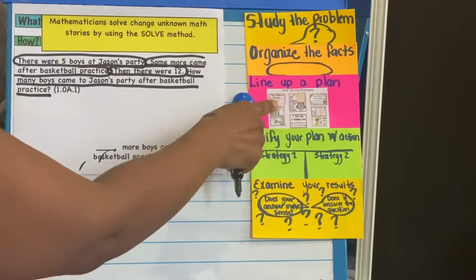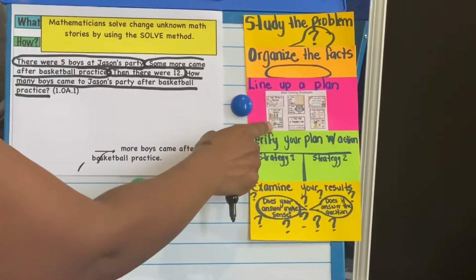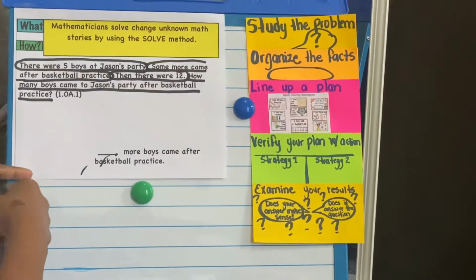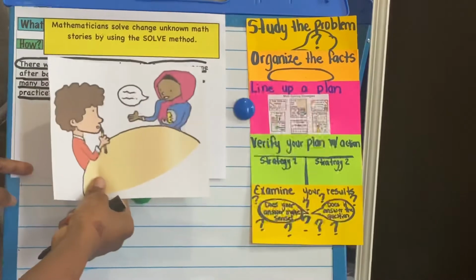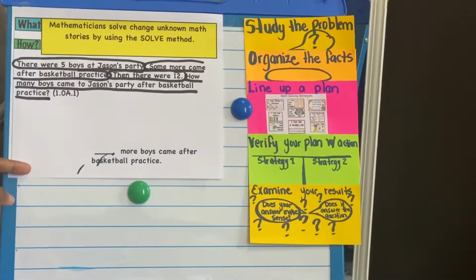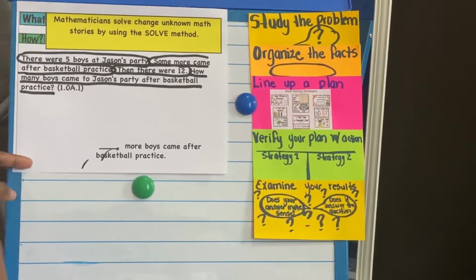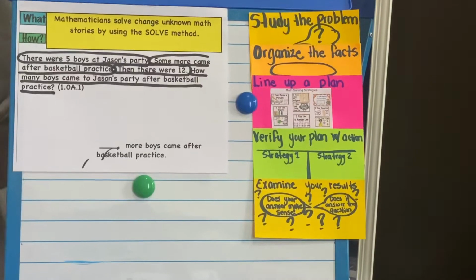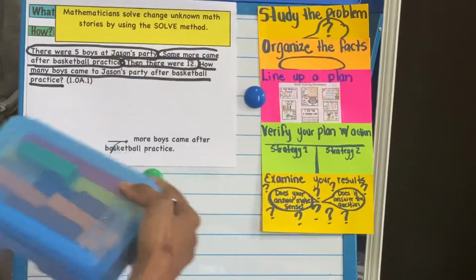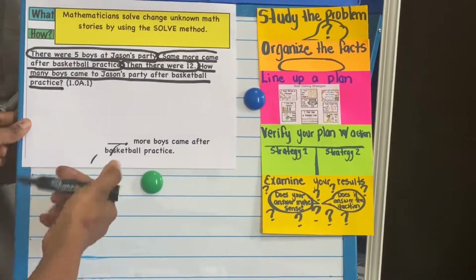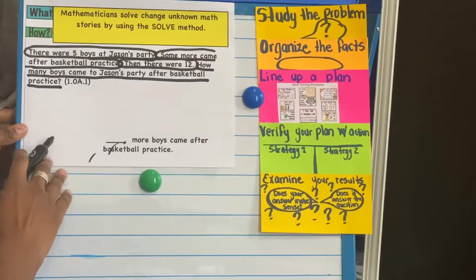What strategies will I use to solve the problem? You can pause the video, turn and talk to someone at home, or maybe think to yourself, what strategies can you use to solve this problem? Remember, you can find tools in your math toolbox to help you solve it. So let's see.